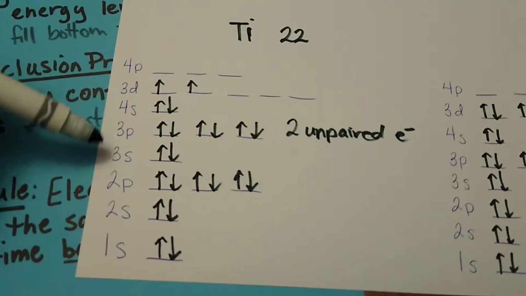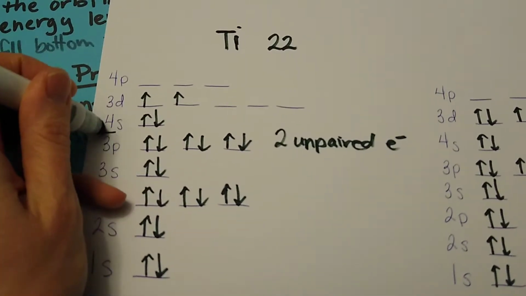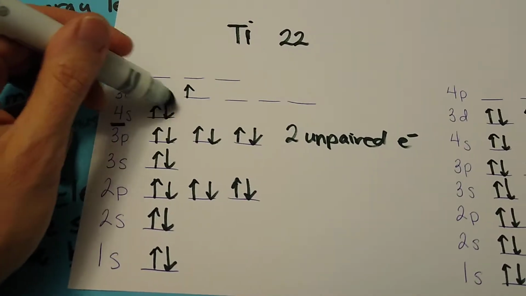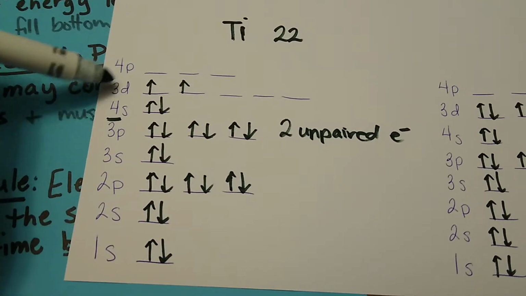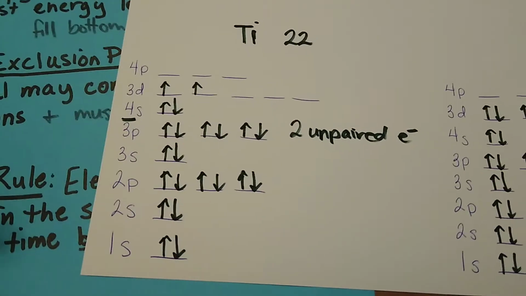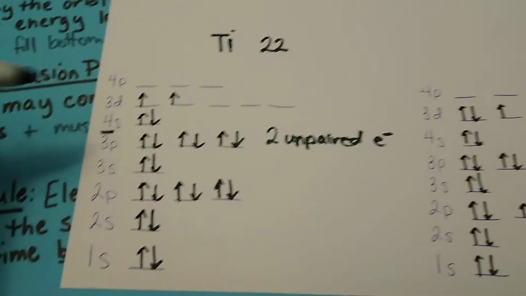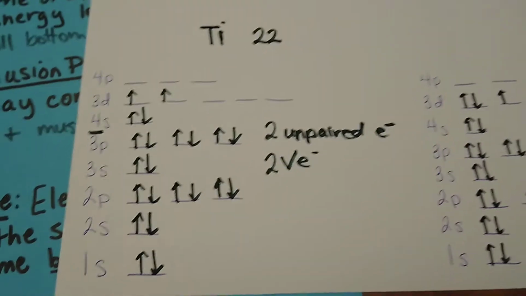These numbers are the energy levels. The highest energy level that we have electrons in is right here, level 4, and it has 2 electrons in it. I know these look like they're higher, but they are level 3. It's just that we have a little overlap in our energy levels. So level 4 is our highest. It has 2 electrons. So 2 valence electrons for titanium.